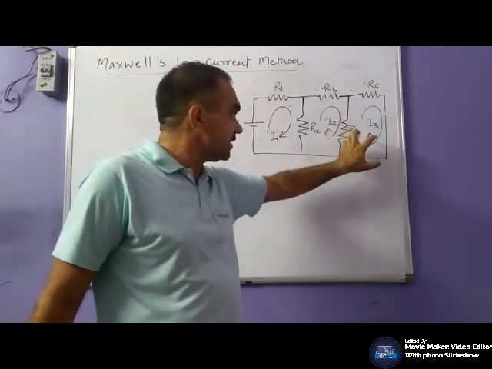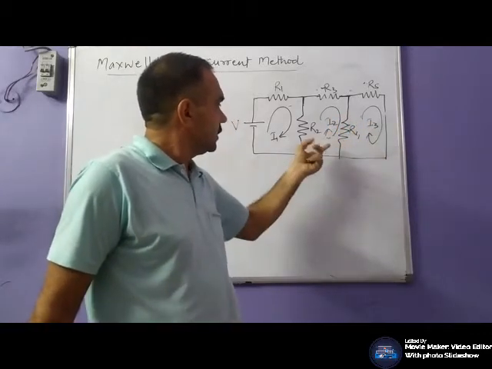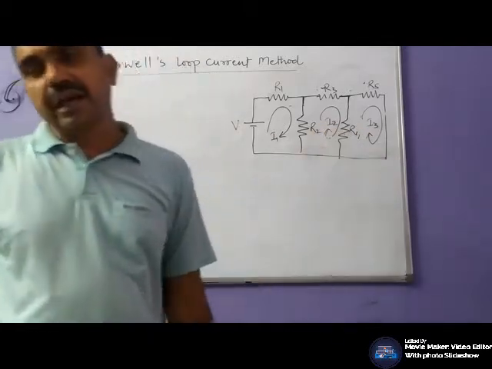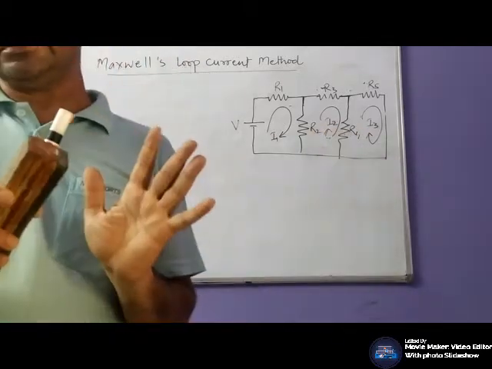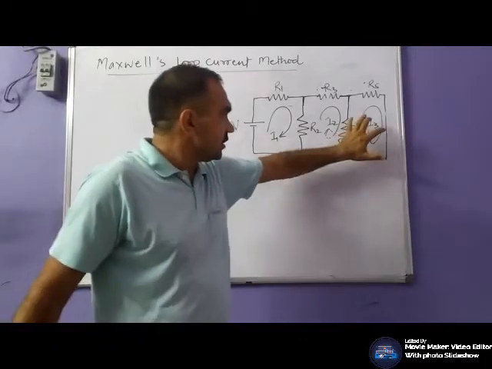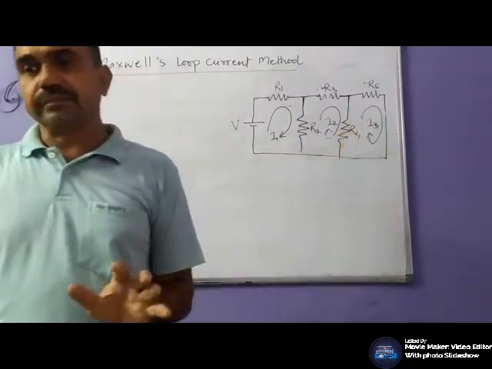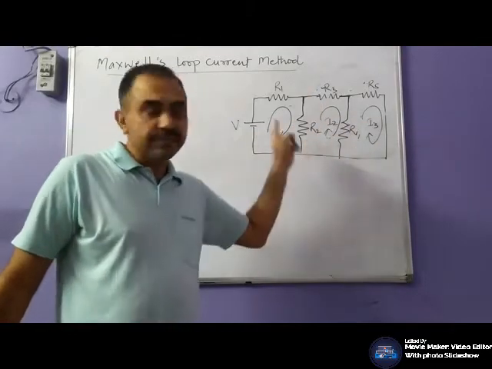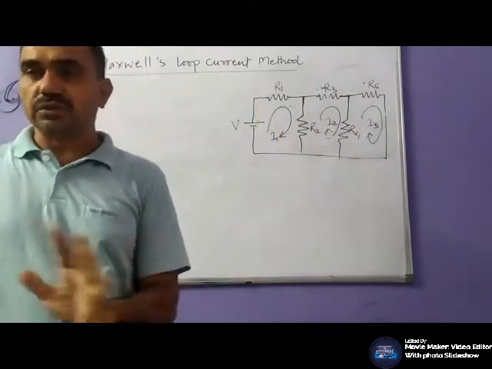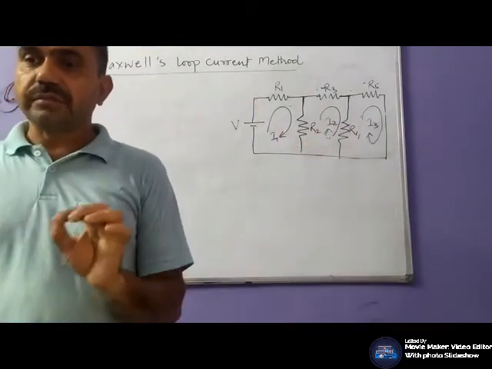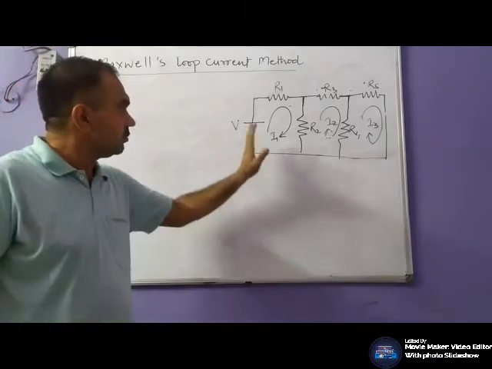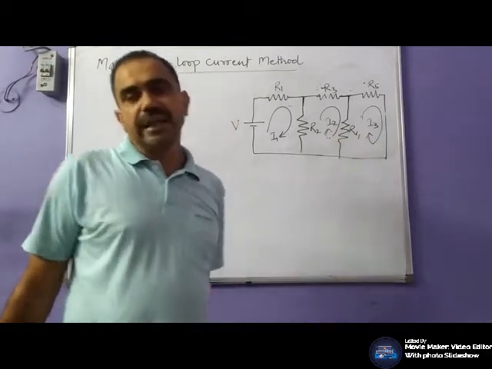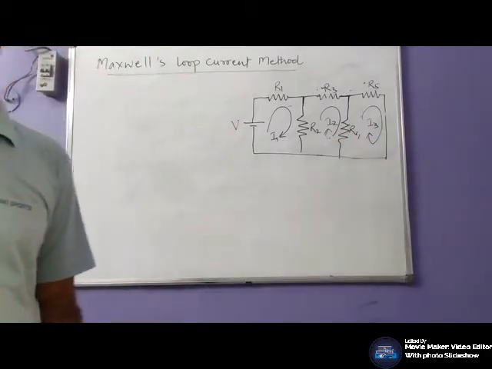When we are considering the third loop, I3 would be greater than I2. We have to make these assumptions. Rest would remain the same. We will consider the same direction in all the loops. No change. We do not have to change the direction of current and the direction of our rotation.